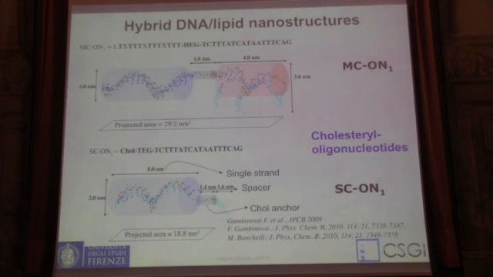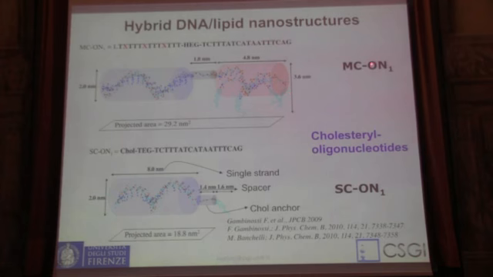So what we study, for example, is a derivatization of DNA. You have a sequence, and the sequence is attached to an ethylene oxide link here, and then you have a cholesterol derivative.